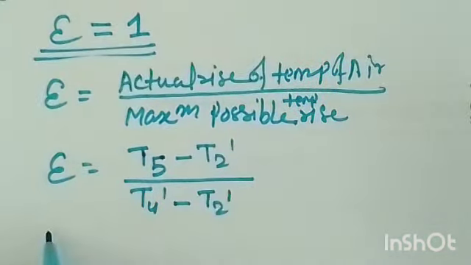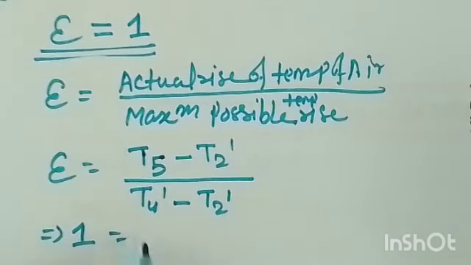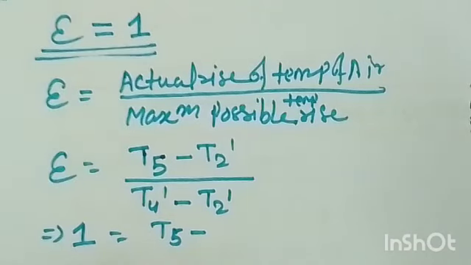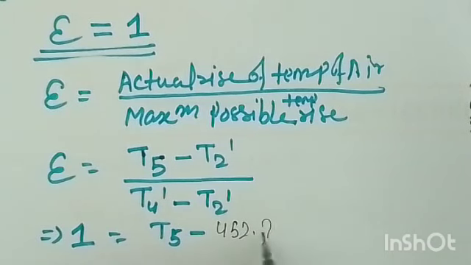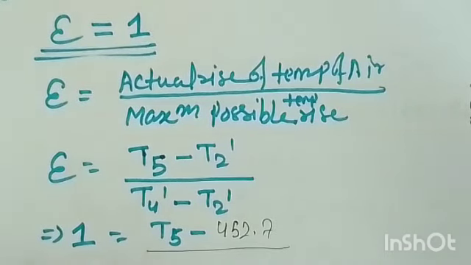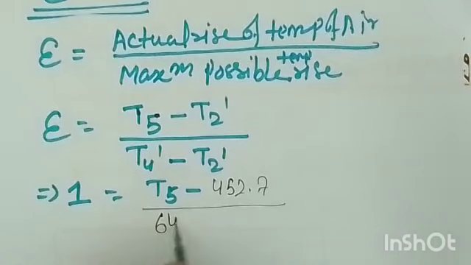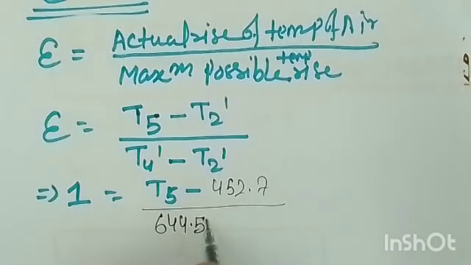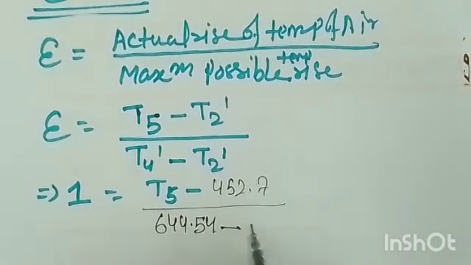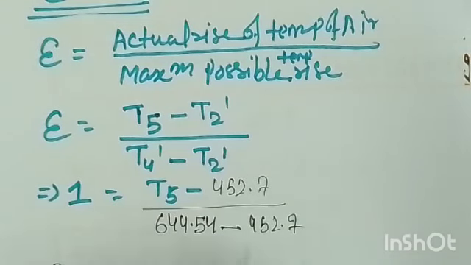So effectiveness is 1. T5 we have to calculate minus T2 dash, you have calculated, which is 452.7, by T4 dash we have calculated 644.54 minus 452.7. So cross multiply, you will get T5.